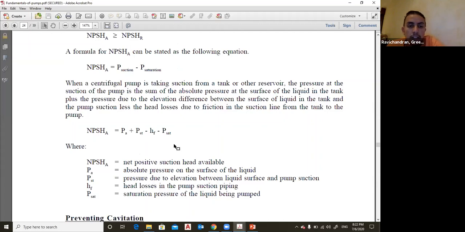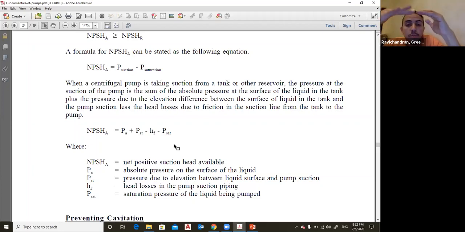Net positive suction head is equal to P_A, which is the atmospheric pressure on the surface of the liquid in the source tank, plus P_static. Pressure static is actually the pressure effect from the level of the tank to the inlet section of the pump.